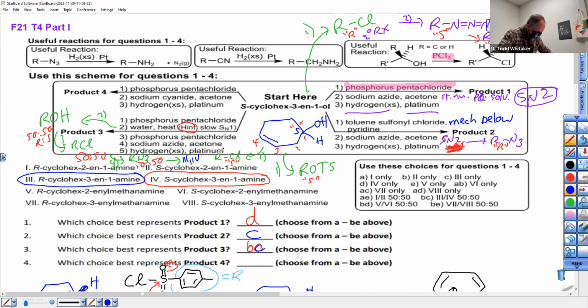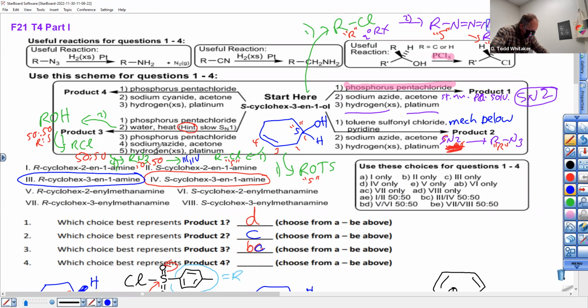Well, phosphorus pentachloride makes straight up R from S with a Cl. Then the water and heat did RCl becoming ROH with an SN1. I'm agreeing with that. And then phosphorus pentachloride makes the RCl. We did RCl before.